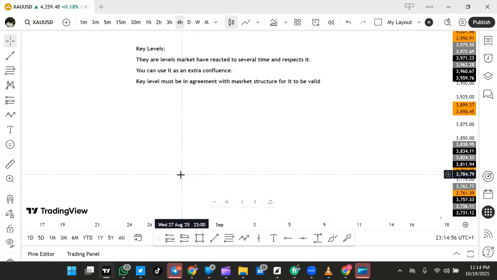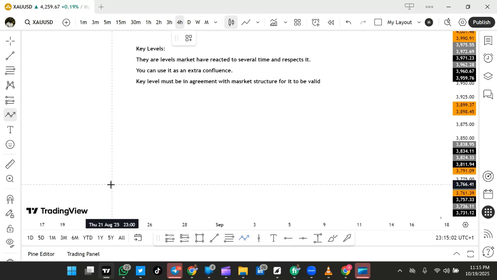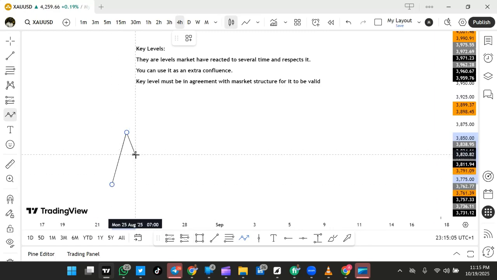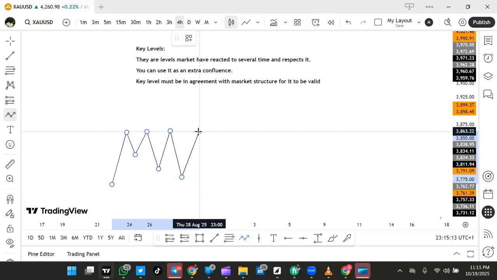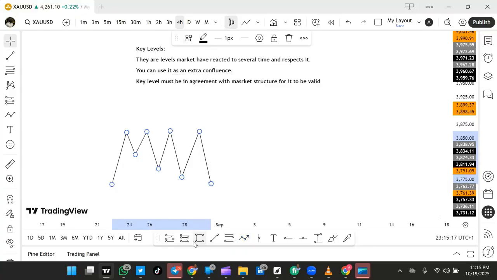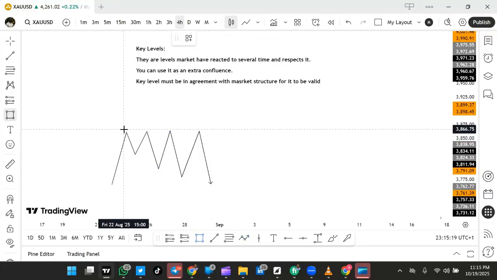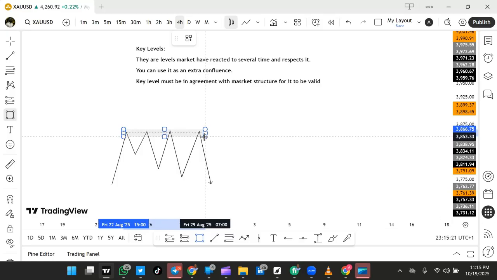So what are key levels? Just like I said, let's say for example we have a level here. Market reacts here, bounces, reacts again, bounces, reacts, then bounces, then this. So this level here is what is referred to as a key level.